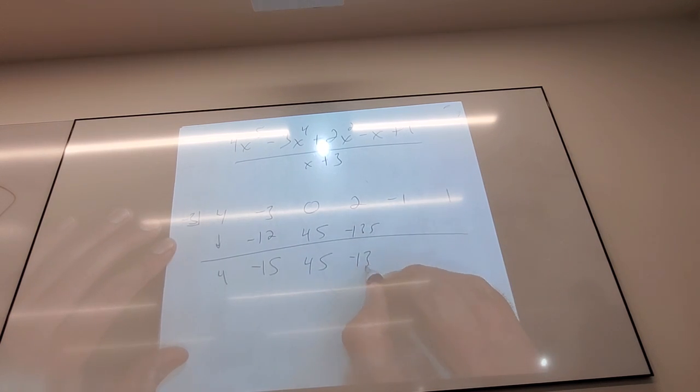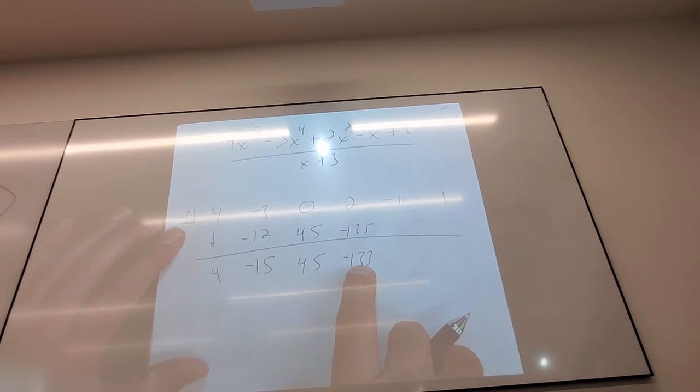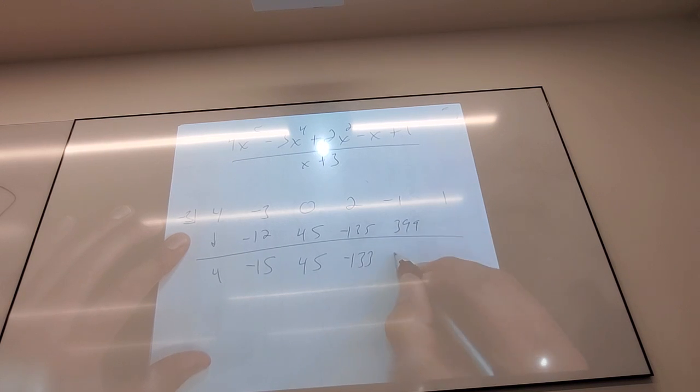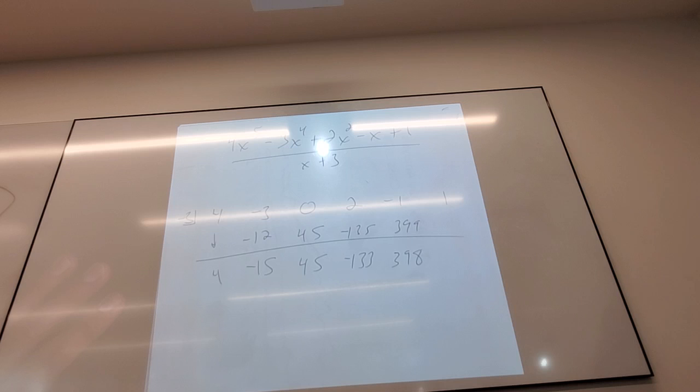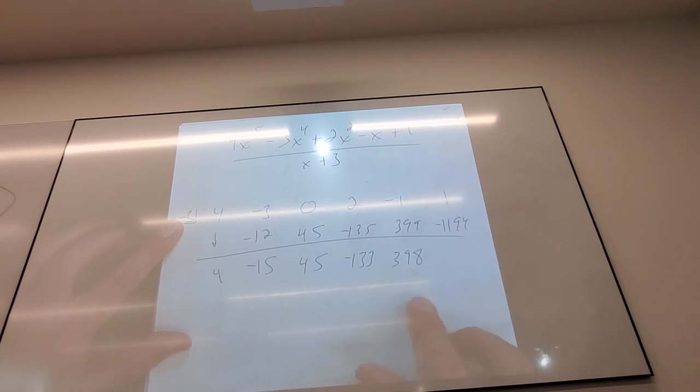Add. Yeah, 399. Add. Multiply. 1194, I think it is. Negative 1194?